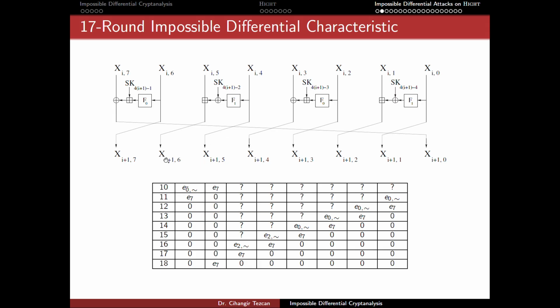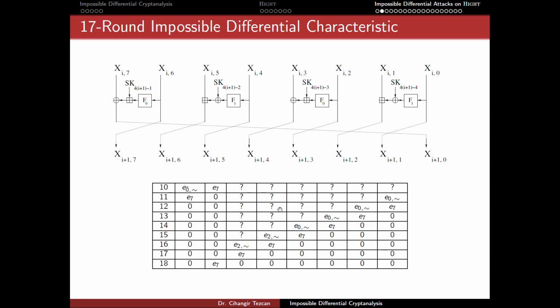But you have 0 here, and if this is E7, it has to go through this transformation, and the output should be non-zero, but we already have 0 here. But we also say that if you put E7 to F1, it becomes E2 tilde, so you know that there's E2 tilde here, but 0 here, so this means that there should be E2 tilde so that they cancel each other. So this is why E2 tilde pops out here.